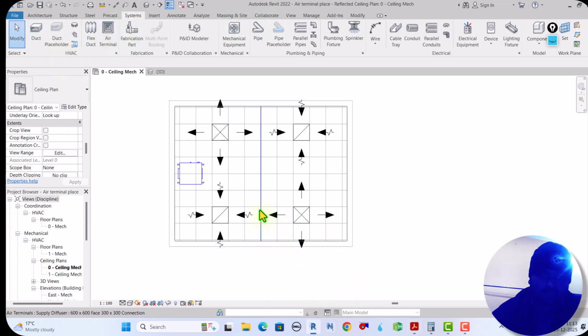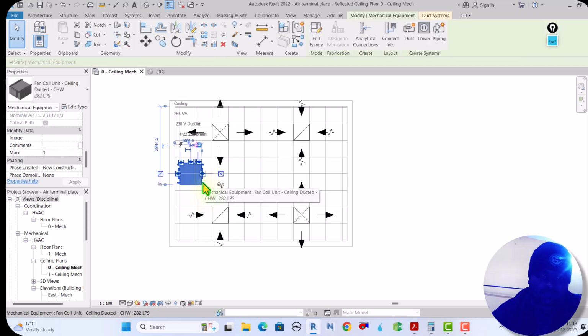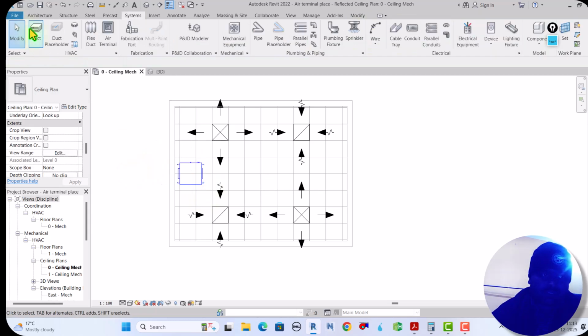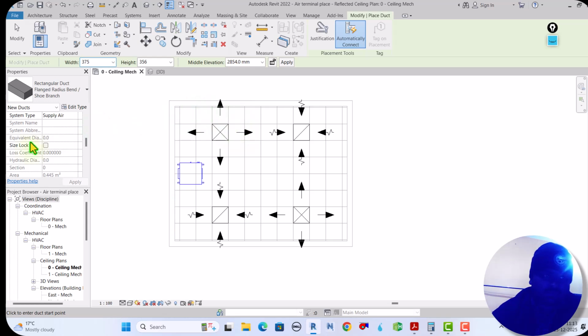If we select the duct here, the system type will come, system classification supply air. How many ducts are here? Supply air, return air, exhaust air.